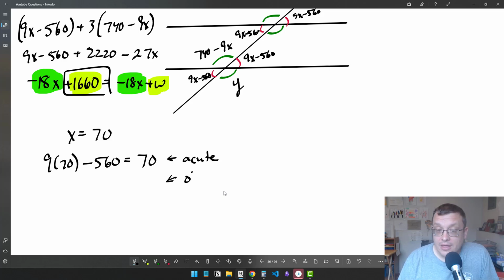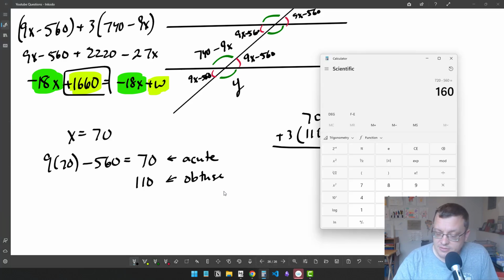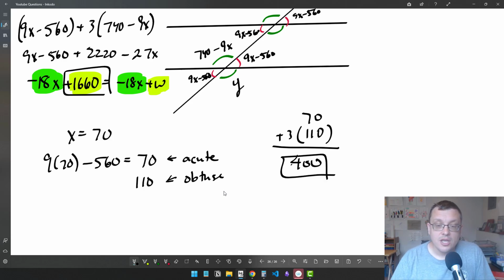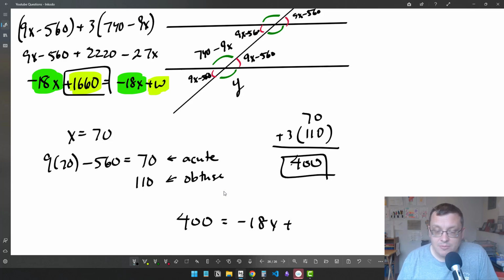The obtuse angle then would be whatever adds up with 70 to 180, so it's got to be 110. Now I'll take my 70 and add 3 times 110 to it, and let's see what we get. 70 plus 330, so we get 400. This 400 has to equal negative 18x plus w.